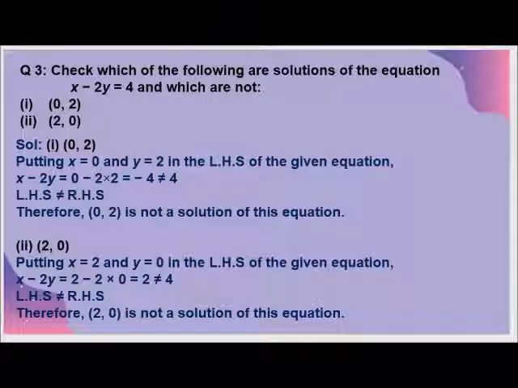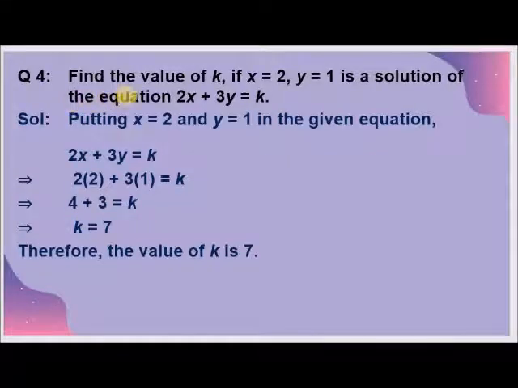Fine. Now question number 4. Find the value of k if x equal to 2, y equal to 1 is a solution of the equation 2x plus 3y is equal to k. So putting x equal to 2 and y equal to 1 in the given equation, 2x plus 3y is equal to k.